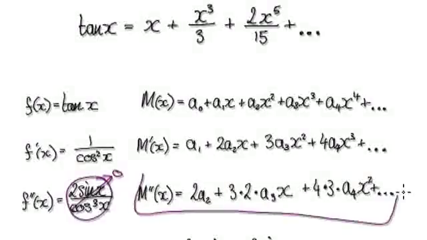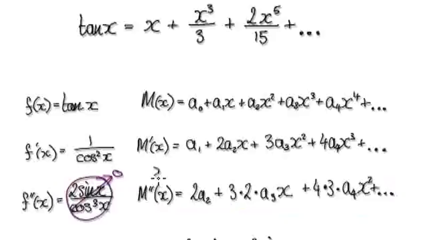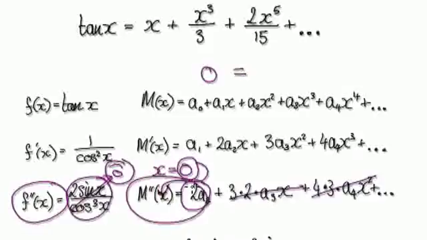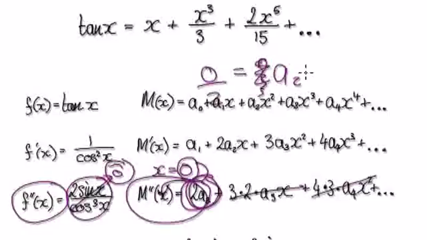Okay, so at x equals 0, we put 0 into here, so this whole lot disappears. Here we would demand this to be the same as this. So we would demand 0 to be the same as 2a2. Divide both sides by 2, so a2 equals 0.